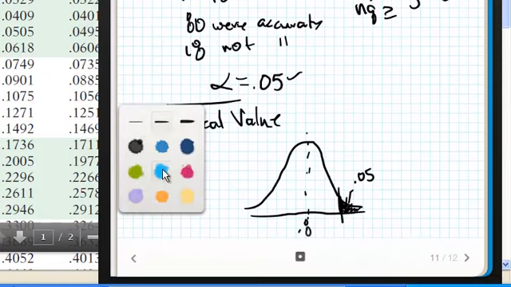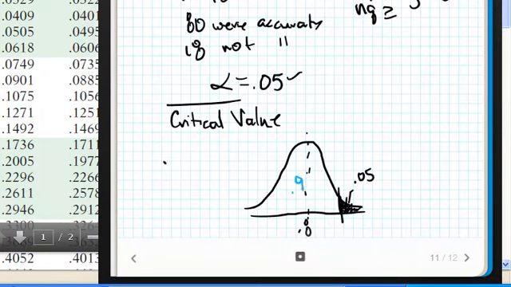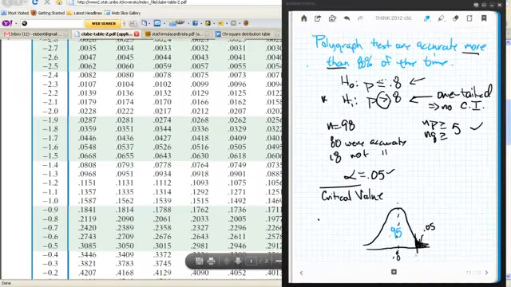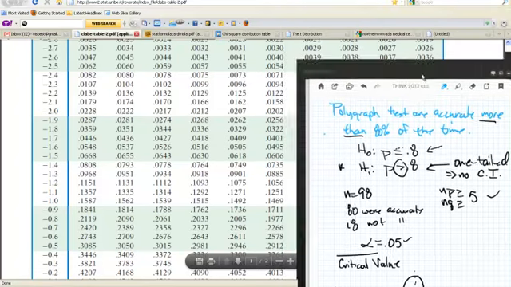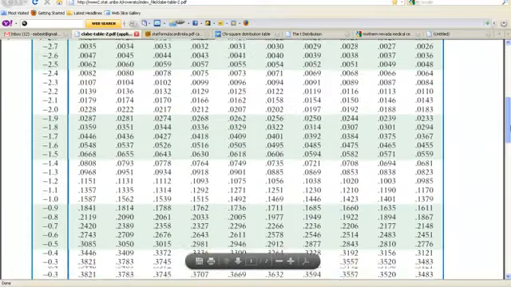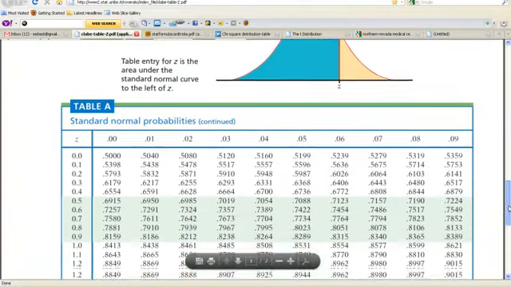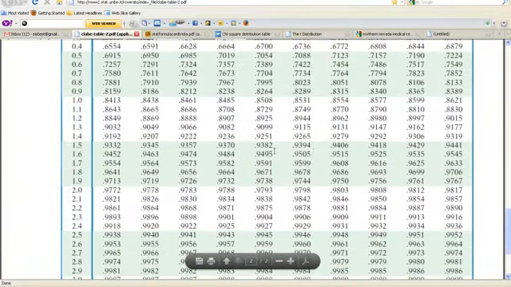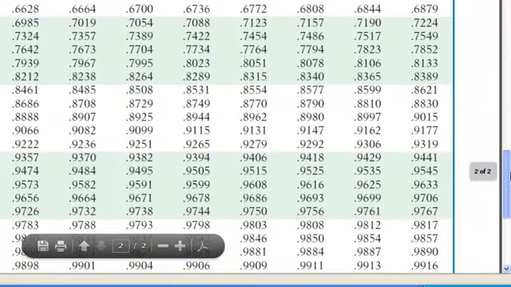If I want to get fancy, I can think of this as being 0.95 to the left of whatever this critical value is. So I'm going to head over here because my chart only gives me values to the left, and I'm going to look for 0.95. So check it out. Let me see if I can get the top here so we can see it.